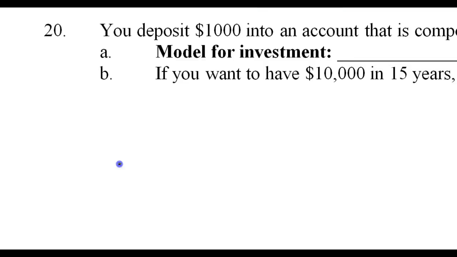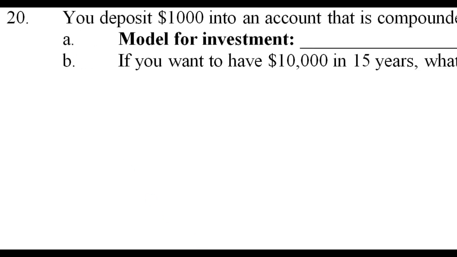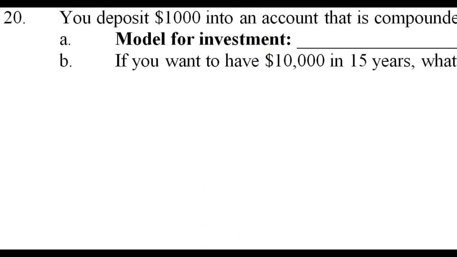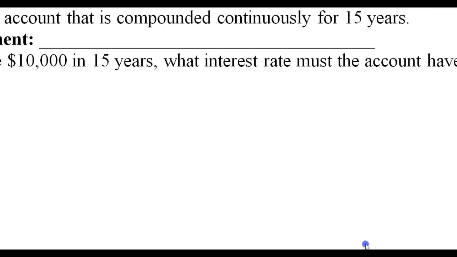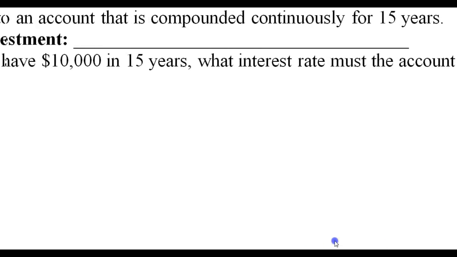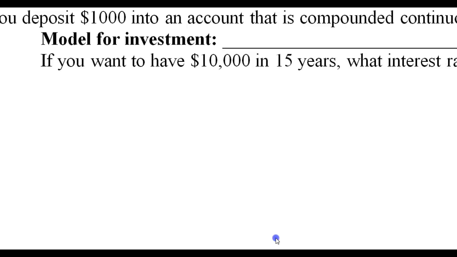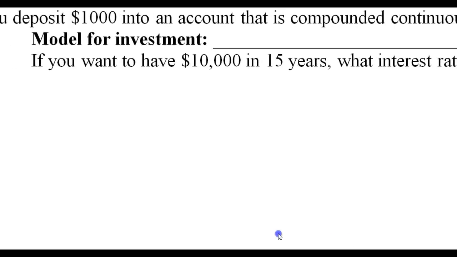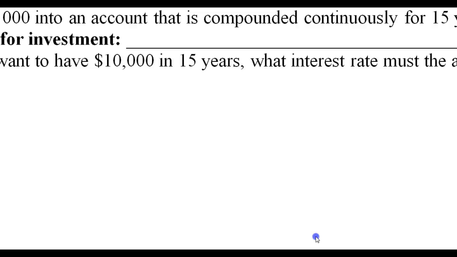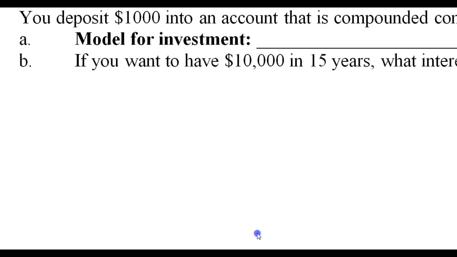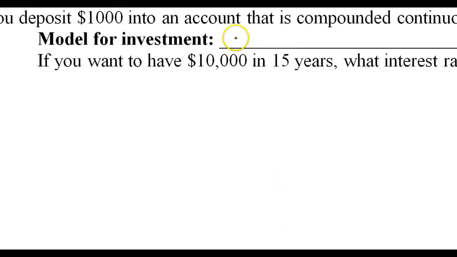Alright, last one. You make a deposit into an account that is compounded continuously for 15 years. The thing that we don't know is the rate. As far as the model goes, our eventual amount is going to equal the initial amount.